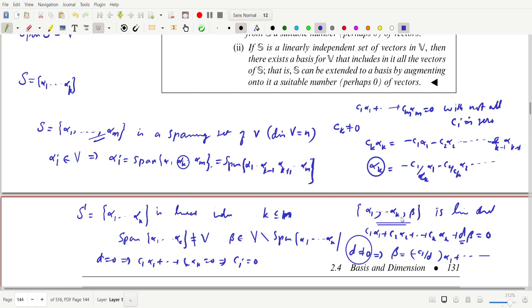Otherwise, you can again extend this set by adjoining some beta 2 from outside the span of this. So extending this, you can get a basis for V. So this proves the second statement. Every linearly independent set can be extended to a basis of V.